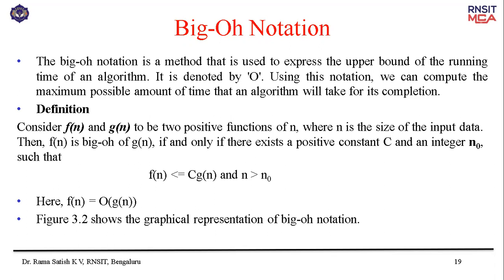Okay, and the same thing you can write like this. So the complexity of a particular function or algorithm, you can write like this: big O of g of n. I told you very clearly, big O notation is nothing but the upper bound, the best case.